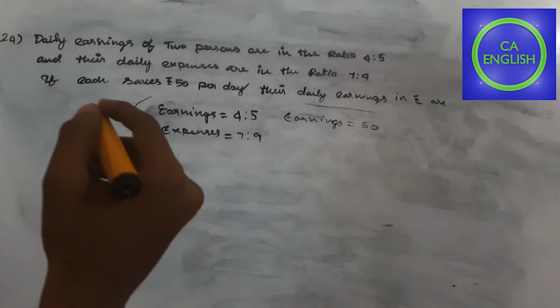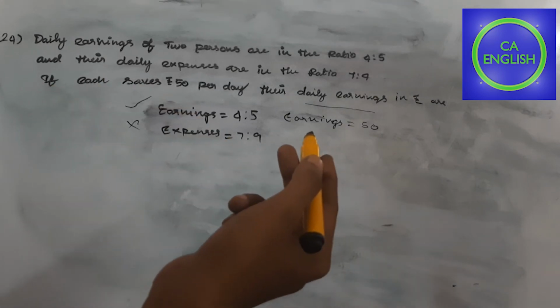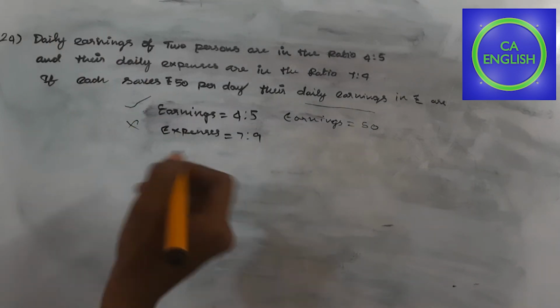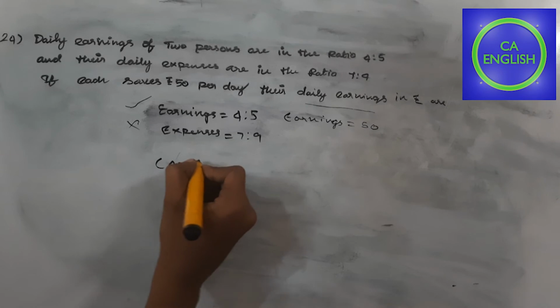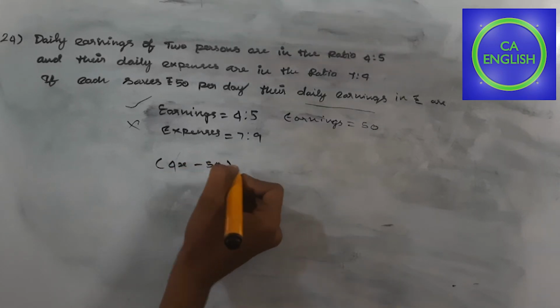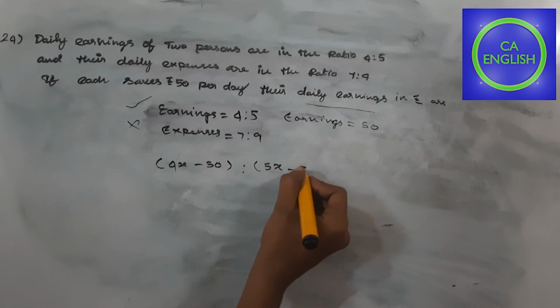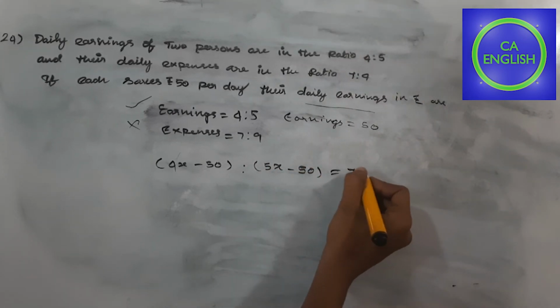Now write the given ratio with subtracting the savings from the earnings. 4x minus 50 is to 5x minus 50, then that is equal to 7 is to 9.